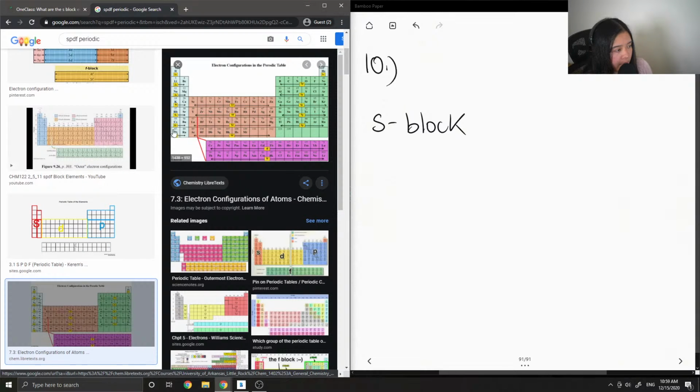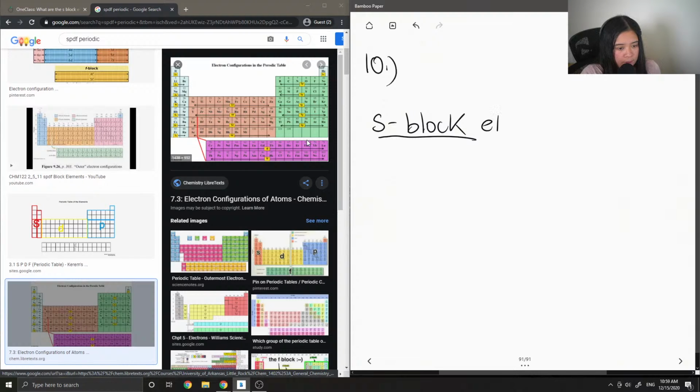The light blue is the S block, the orange transition metals is the D block. The columns in green are the P block, and the last two rows, the lanthanides and actinides, are the F block. So let's just write down all the S block elements.